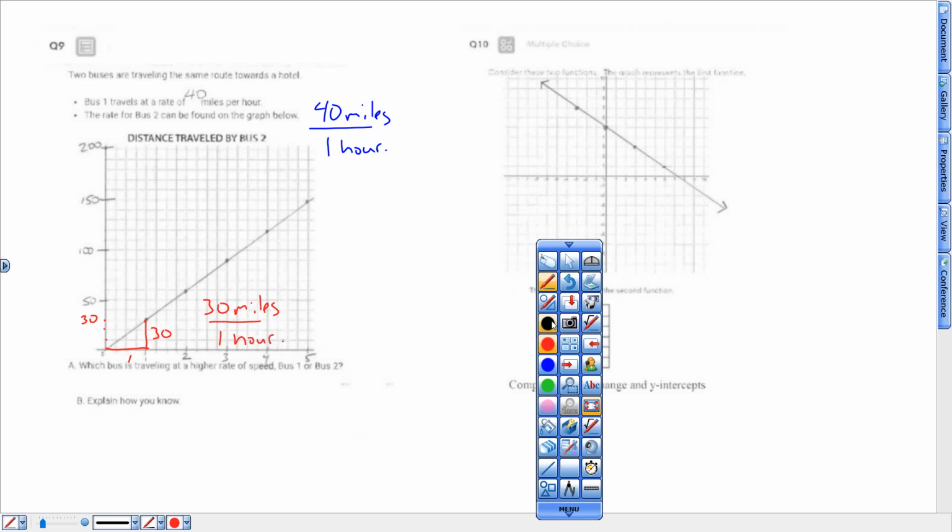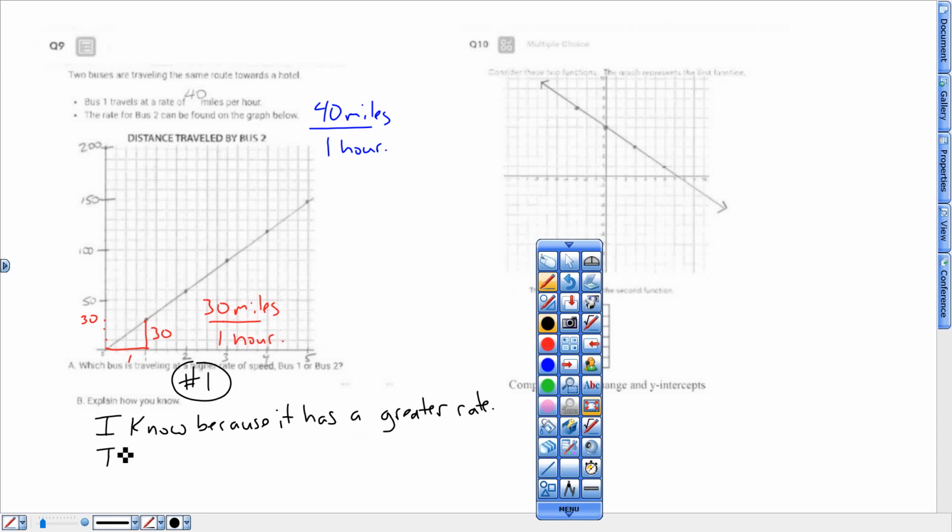Which bus is moving faster? Number 1 for this situation. How do you know? I know because it has a greater rate. One is 40 miles per hour, one is 30.